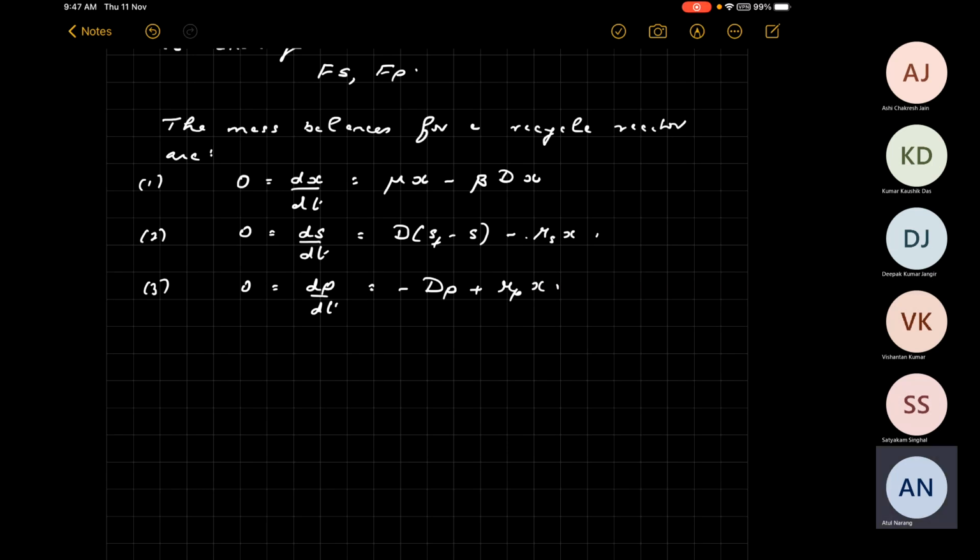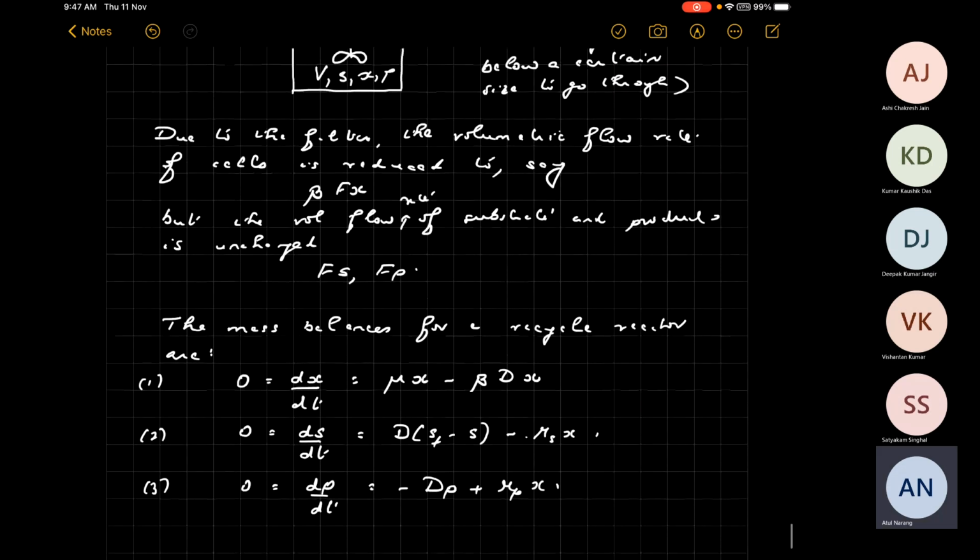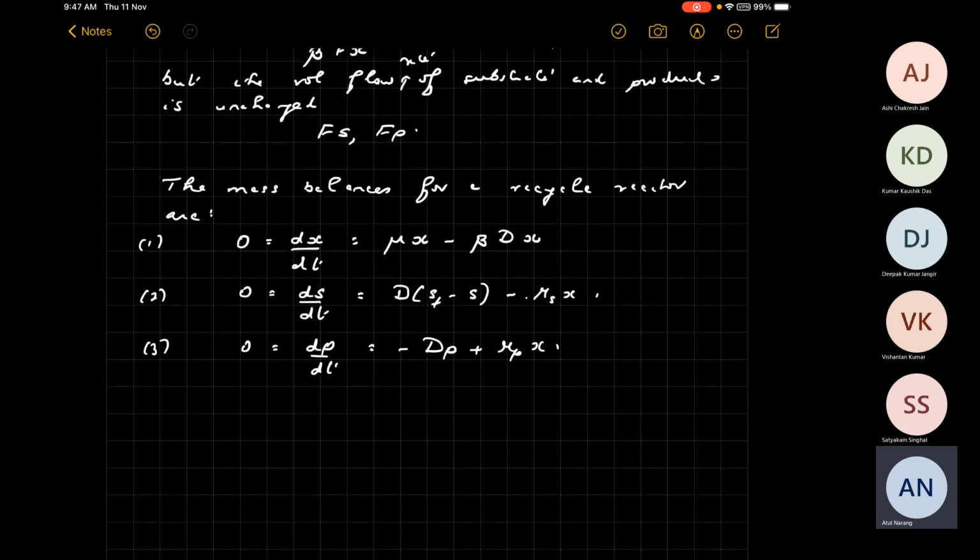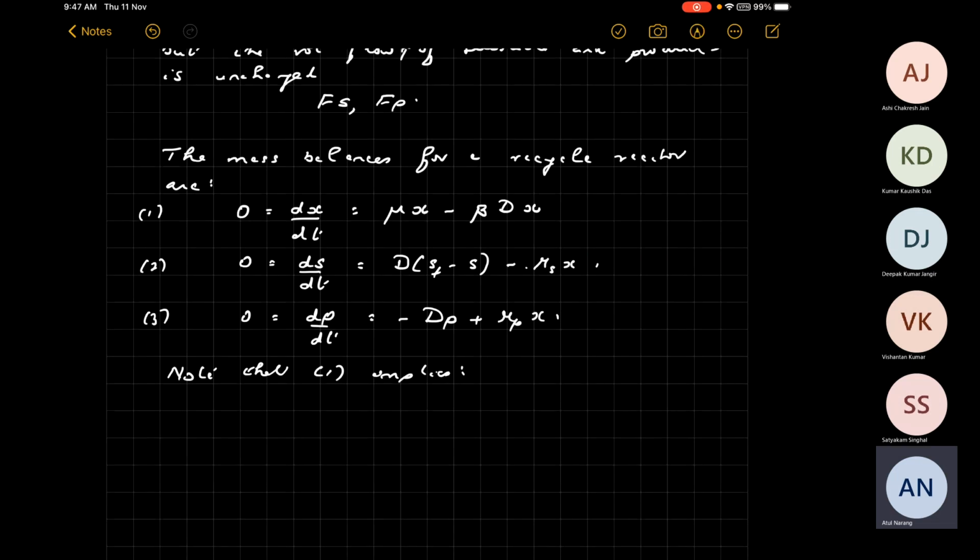So the simple modification where you put a filter on the outlet, you can see right away, does away with the restriction D equal to mu, because note that 1 implies that now you have not mu X equal to DX, but you have essentially beta times D equal to mu.